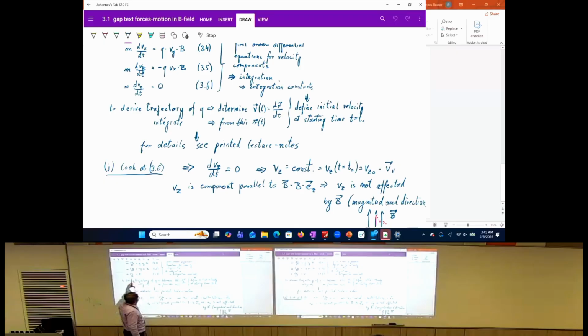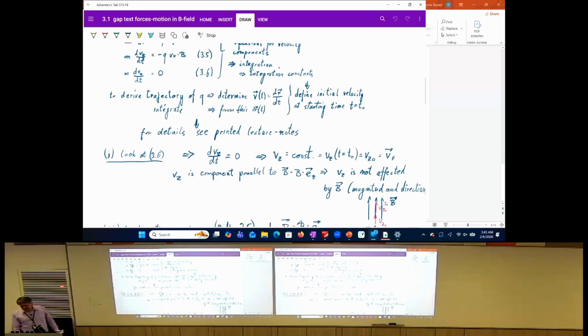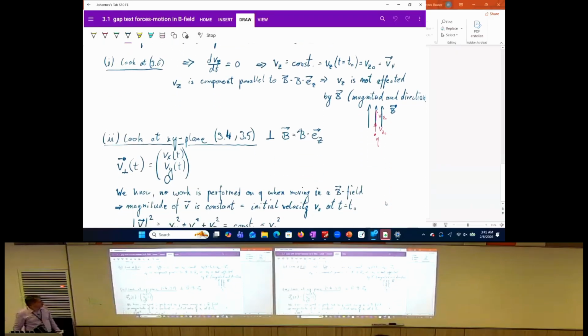And here we see that because the time derivative is zero, that also means that the velocity in Z direction remains constant, whatever the initial velocity in Z direction is. On the other hand, we divide our velocity vector into two components, one which is aligned parallel, which we call V parallel, and one which is aligned perpendicular to the orientation of the B field.